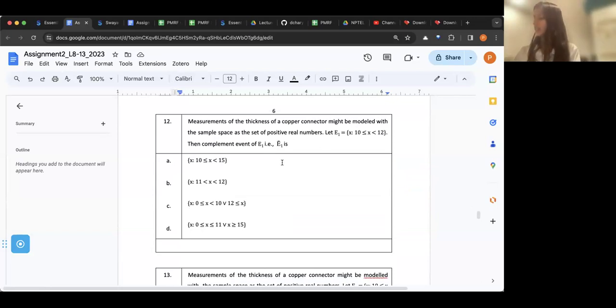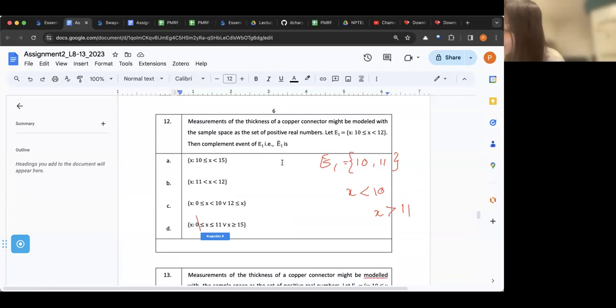Now again, here's just another. Here we define E1 as 10, 11. So the complement of E1 can be all numbers less than 10 and all numbers greater than 11. We have to find which of these describes that. So here, this one indicates 10, 11, 12, 13, 14, and this again describes an empty set.